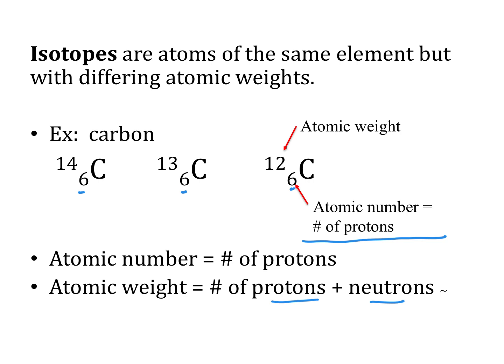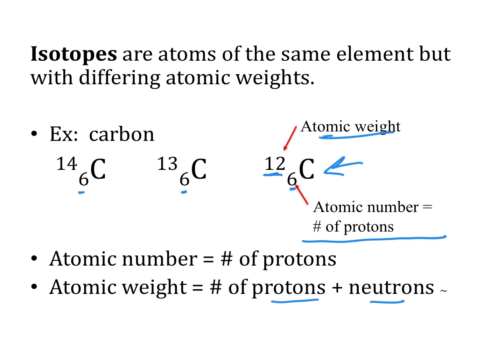If we have 6 protons in each one of these isotopes, then we can just do a simple subtraction to figure out how many neutrons, if protons and neutrons together make up this atomic weight. So if we have 6 protons in this isotope, then we must also have 6 neutrons because 6 plus 6 is 12.